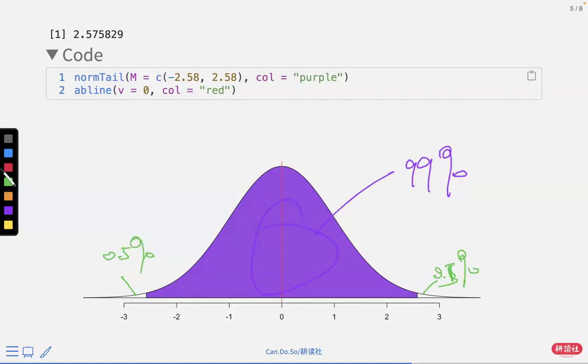So this critical value here is 2.58, and here is minus 2.58.